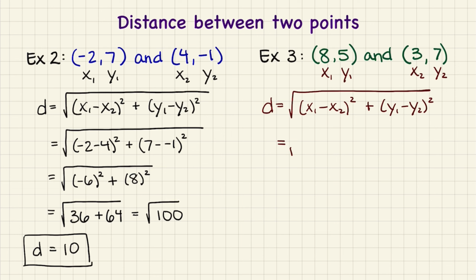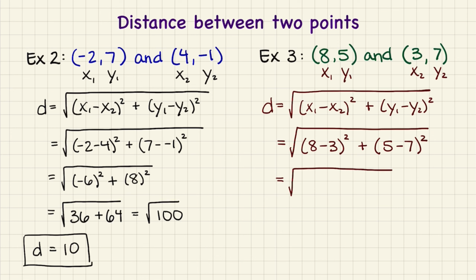D equals the square root of x1 minus x2 is 8 minus 3 squared plus y1 minus y2 is 5 minus 7 squared. So now we'll simplify that, bring down our square root.